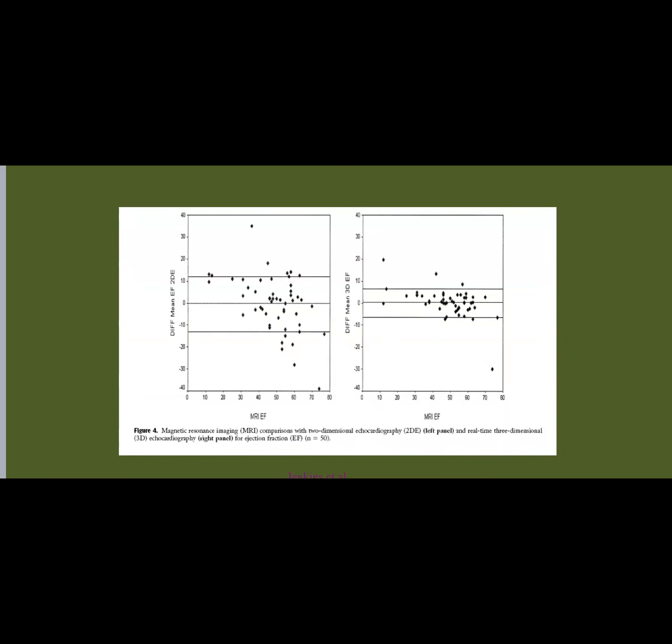So the cluster is lesser with 3D, meaning the 3D is more correlating to the ejection fraction of MRI than 2D. 3D is more proximal to the figure obtained by MRI than 2D, closer to the gold standard than 2D. So 3D ejection fraction is better than 2D ejection fraction.